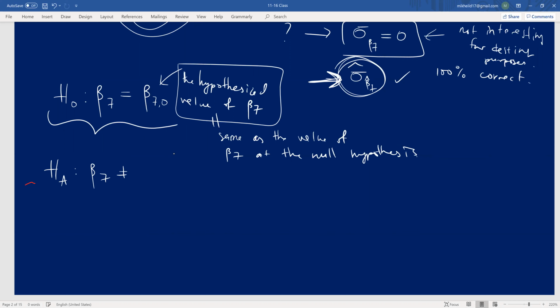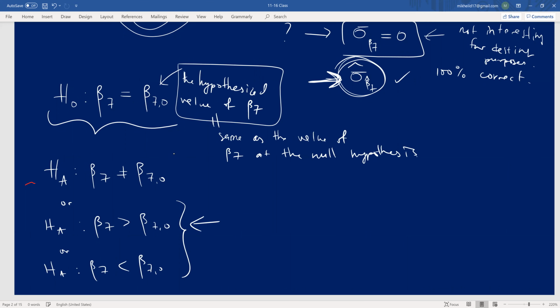This is one of them. And the others are what? Beta 7 is greater than the null hypothesis value, then there's strictly less than. Very good. You need to know this as well.